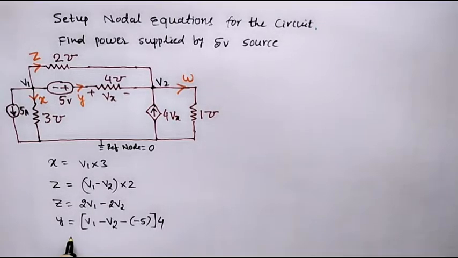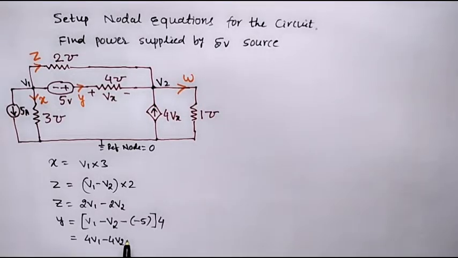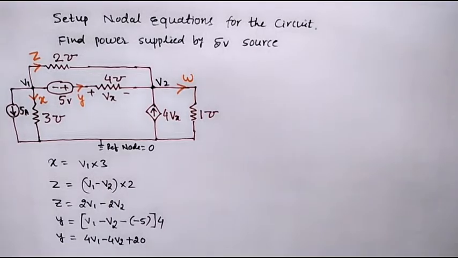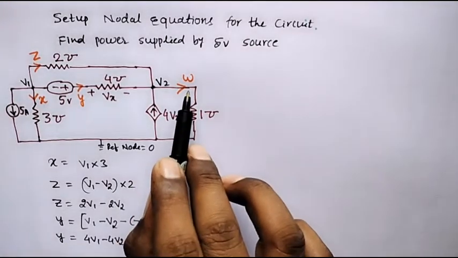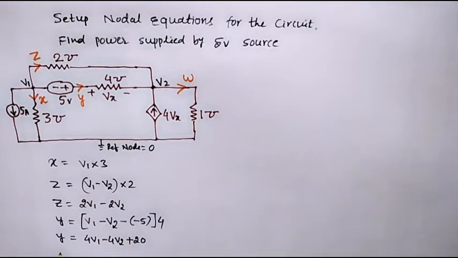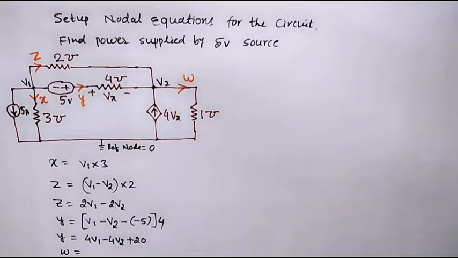I'll simplify this. I can write it as 4V1 minus 4V2 plus 20, that is Y. And finally we have W. W is equal to V2 into 1, that is nothing but V2.